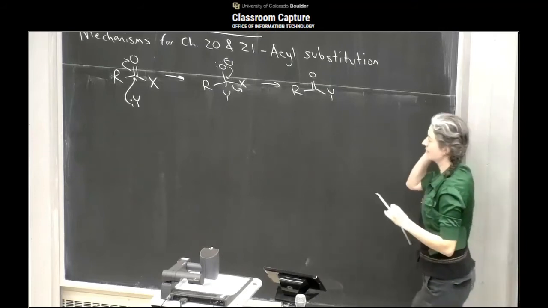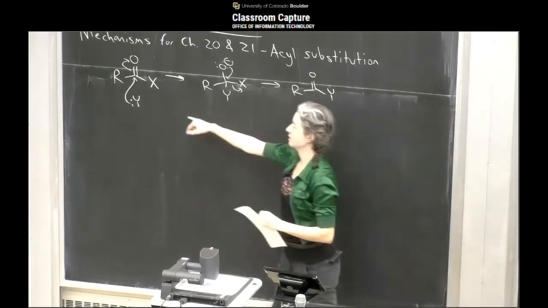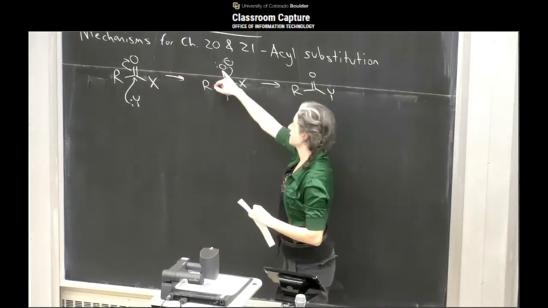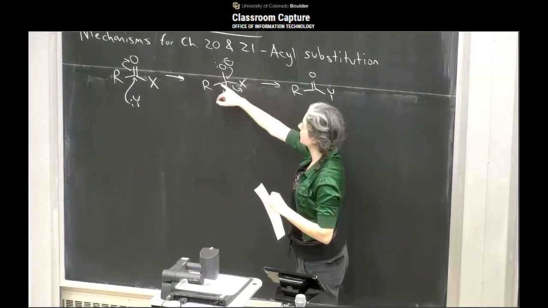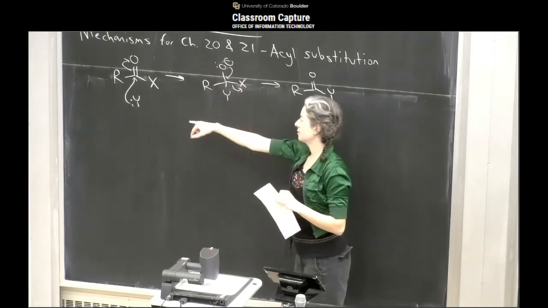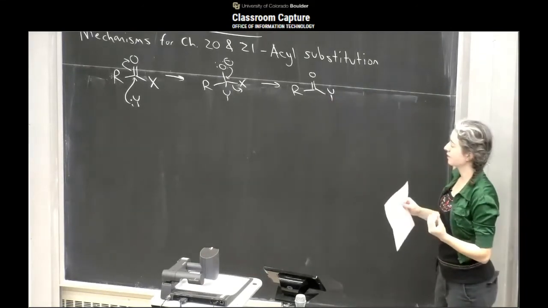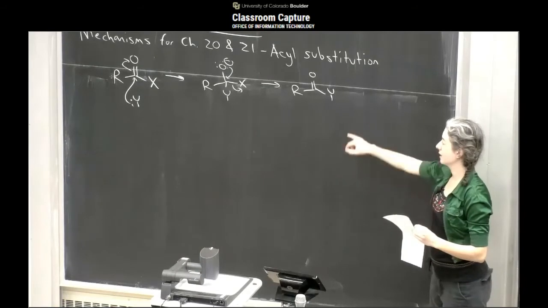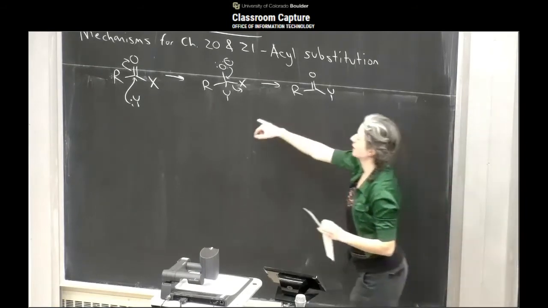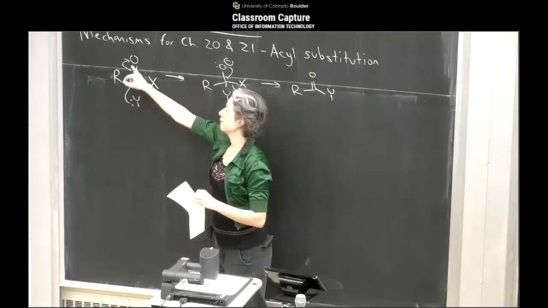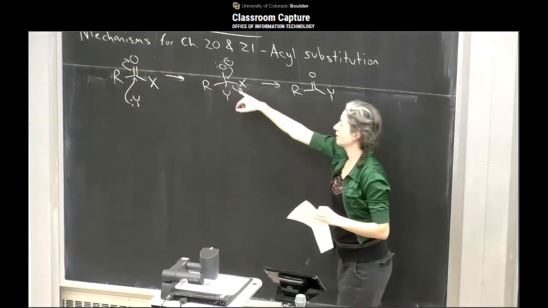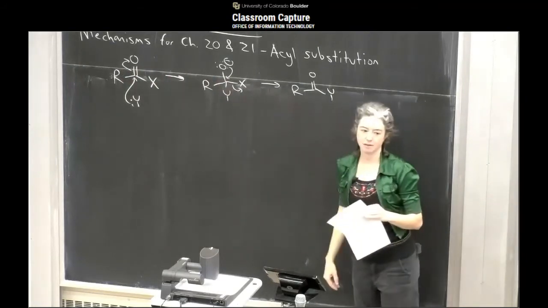Okay, so the exact details are going to vary, like maybe you stick a proton on first, maybe you stick a proton on here so it becomes OH, maybe Y is neutral, maybe it's negatively charged. So there's some flexibility in terms of charge, but the main key points of the mechanism are what's happening here. Attack first, bump up to a single bond O, and then later on come down, reform the carbonyl and kick something out.